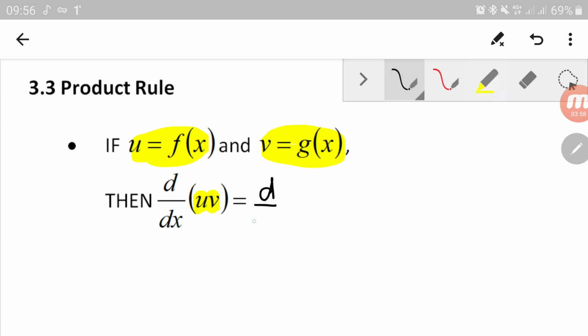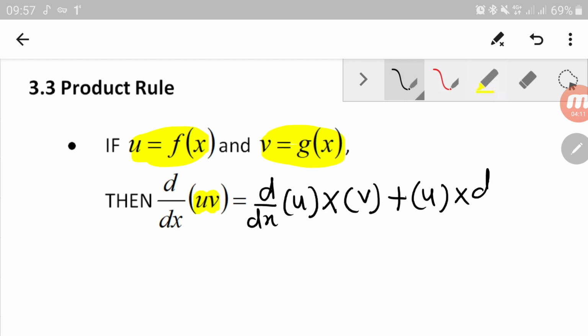We have to differentiate the first function, then we multiply with the second, plus the first function multiplied by the differentiation of the second function. Okay, so it's like this.